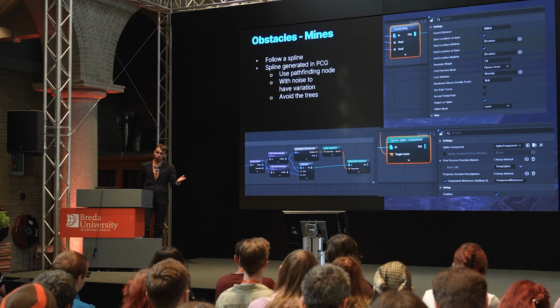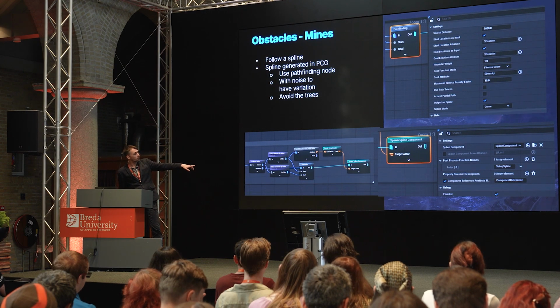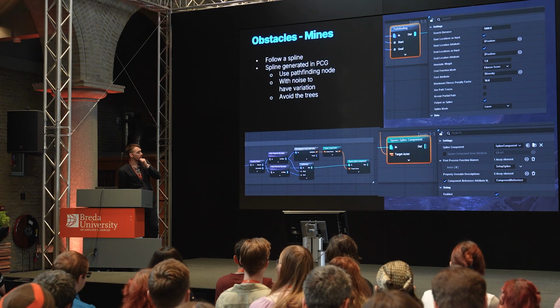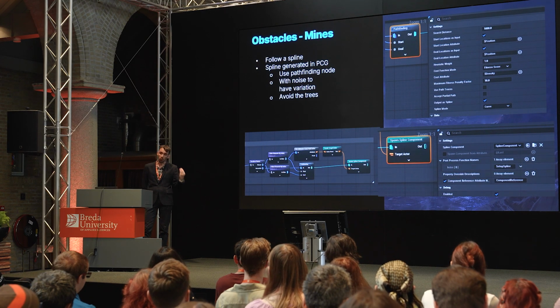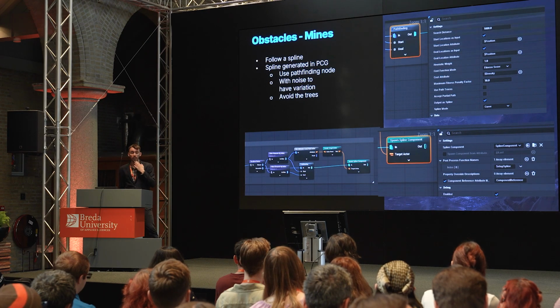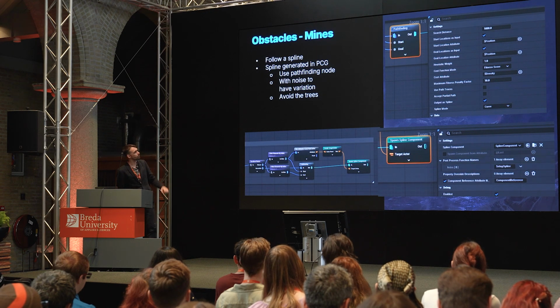This is outputting a spline, and then I can push this spline directly to the actor I just spawned. And on the spawn spline component, you have the post-process function. That is a function that is on my blueprint. I can call it after the spawning and do some preparation for gameplay. In my case, I will just read the new spline and make the mine follow the spline.